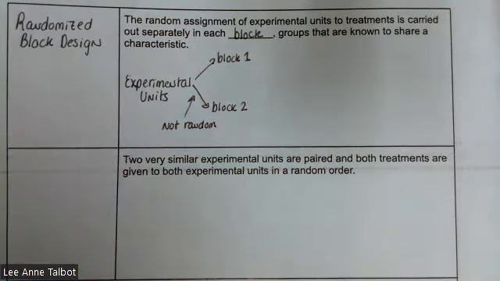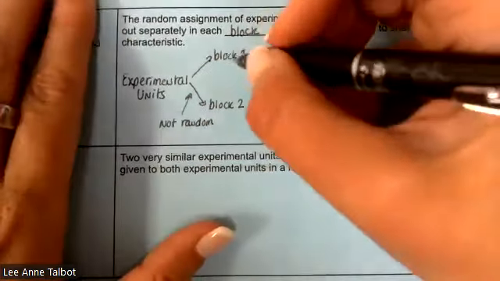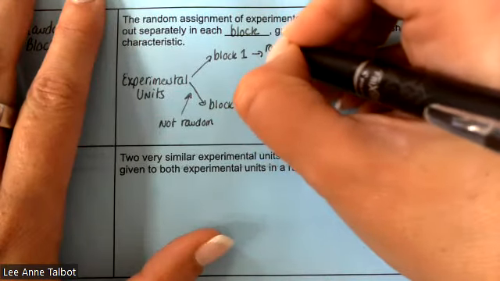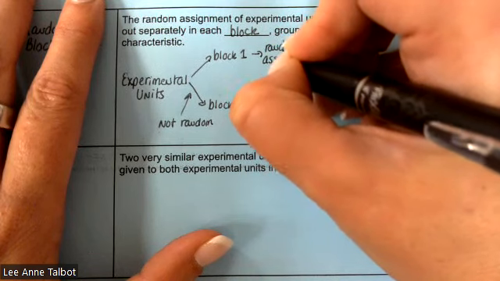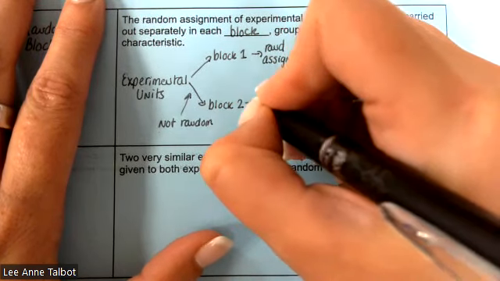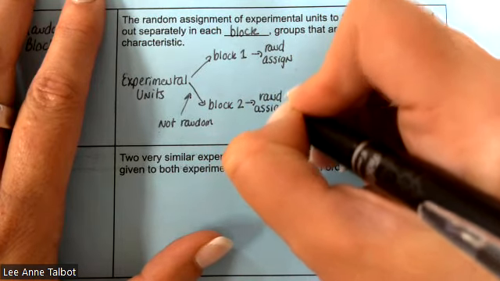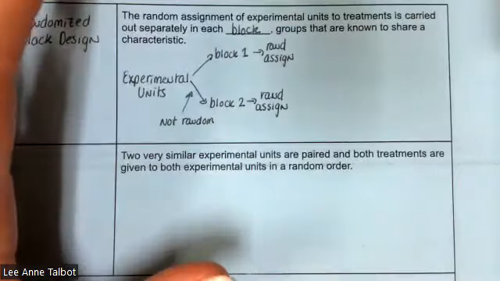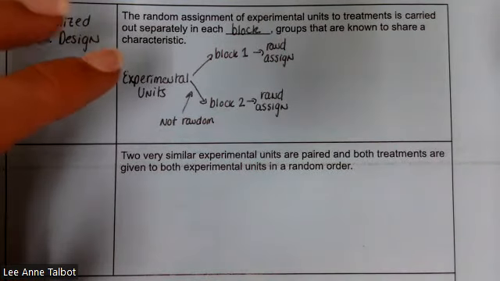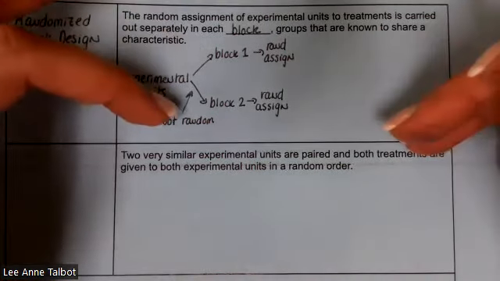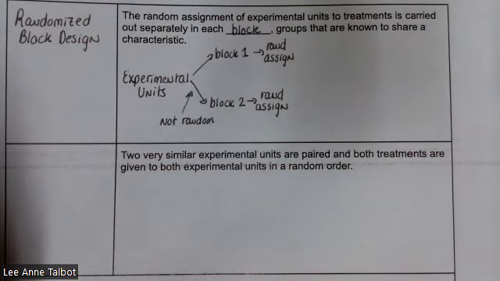Okay, then you would conduct two little baby mini completely randomized design experiments, one separately for this block and one separately for this block.